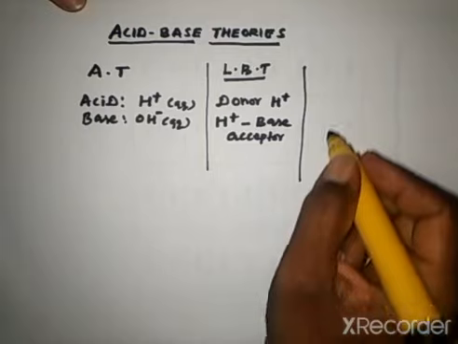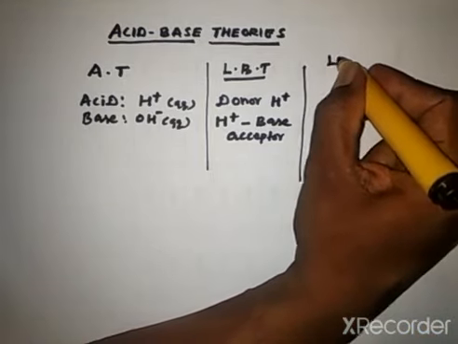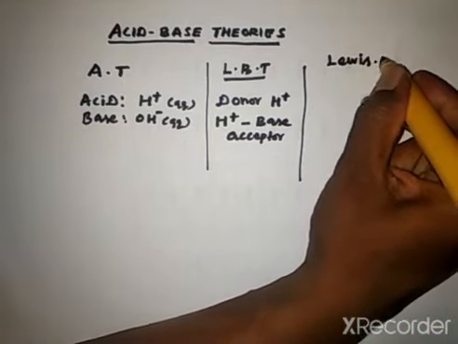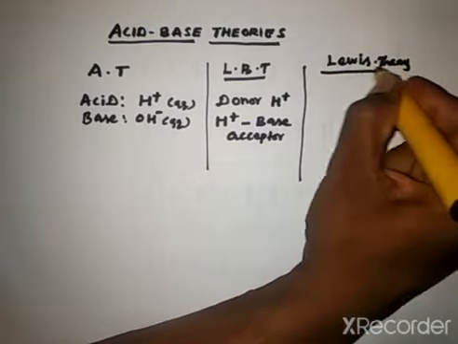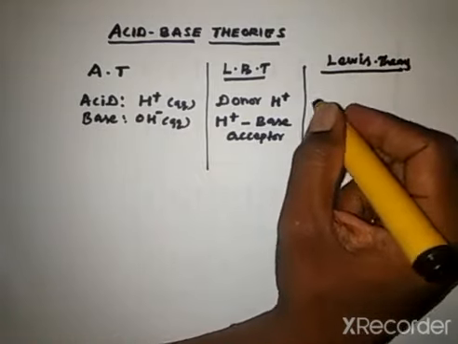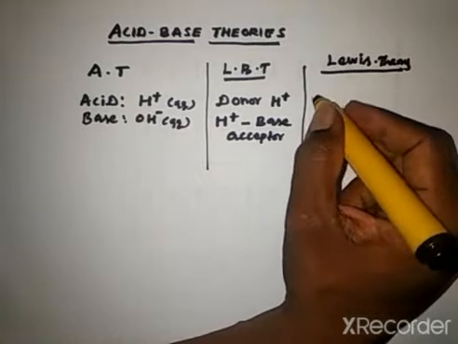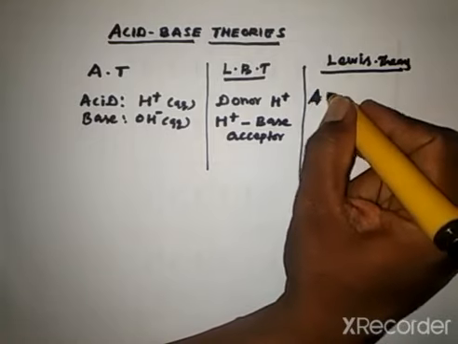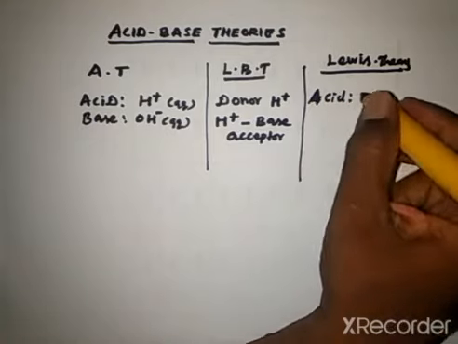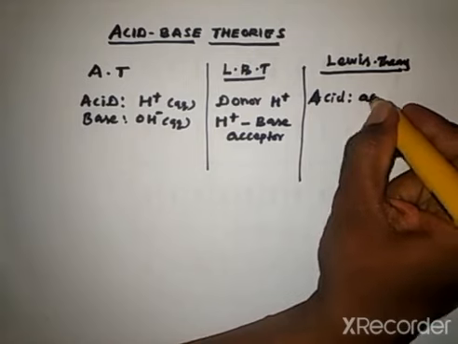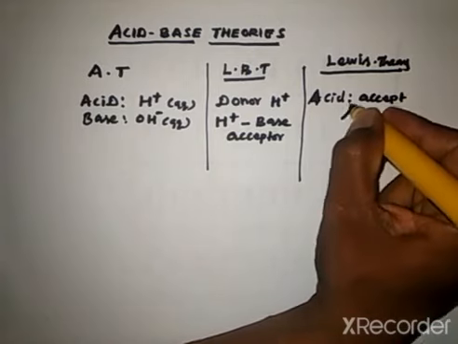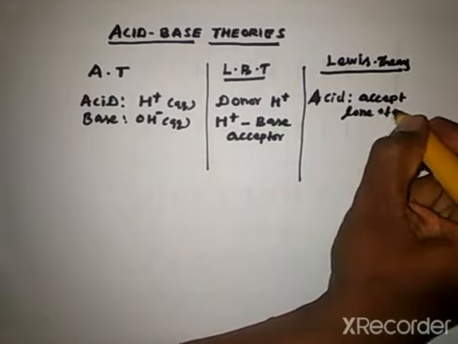And the third theory, Lewis theory. According to Lewis theory, if it is an acid, it should accept a lone pair of electrons.